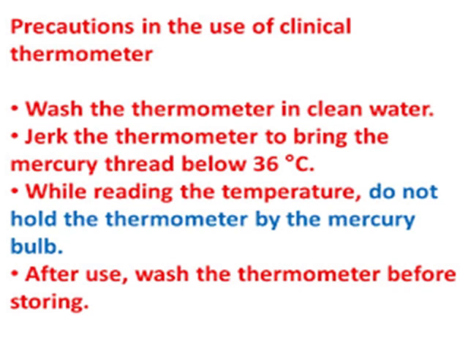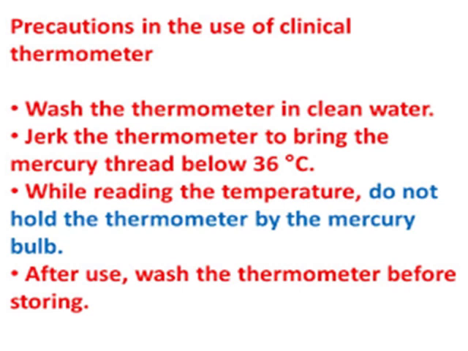That is, the thermometer should be washed before and after use, preferably with an antiseptic solution. Jerk the thermometer to bring the mercury thread below 36 degrees Celsius. That is, ensure the mercury level is below 95 degrees Fahrenheit.